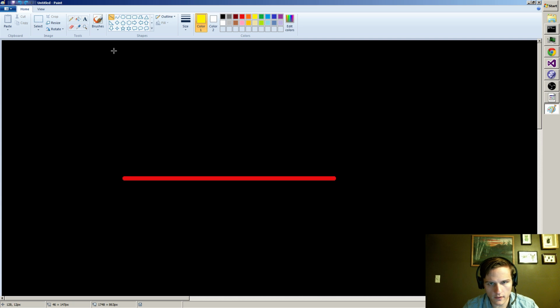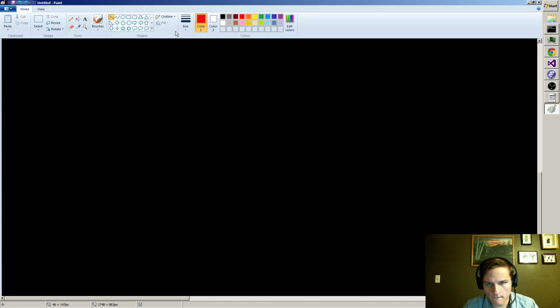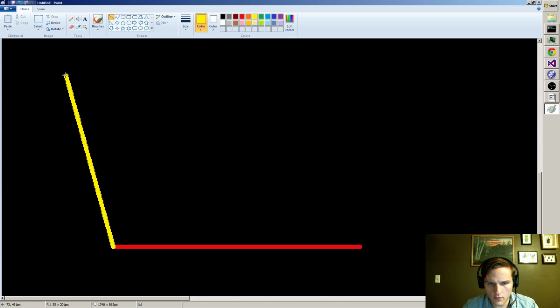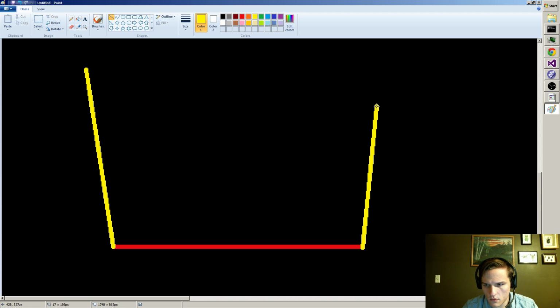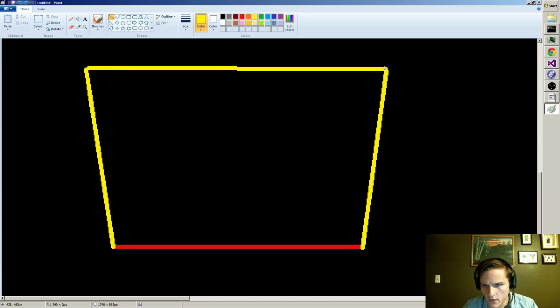Okay, hold on, I need to reposition myself now. Okay, base. Something larger than the base, like so. Those probably aren't long enough, but the idea is there.